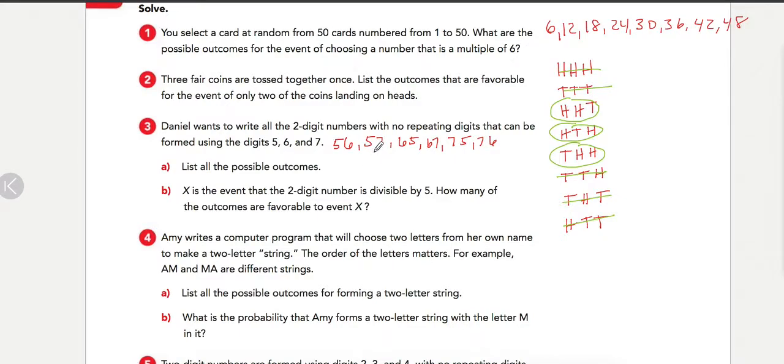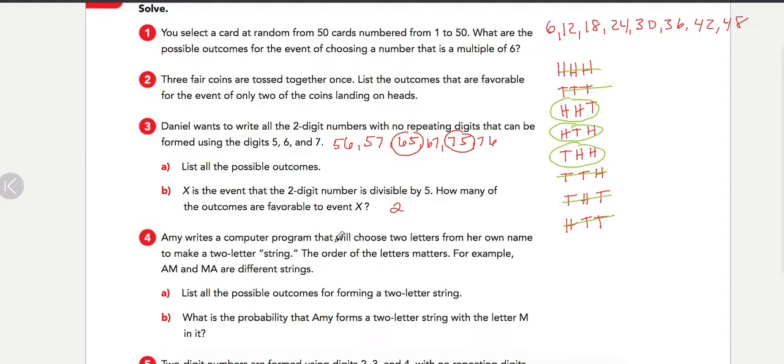So those are all the possible outcomes. X is the event that the 2-digit number is divisible by 5. How many of the outcomes are favorable to event X? So if a number is divisible by 5, it ends in a 0 or a 5. So in this case, we only have 1, 2 options. So the answer here is 2.